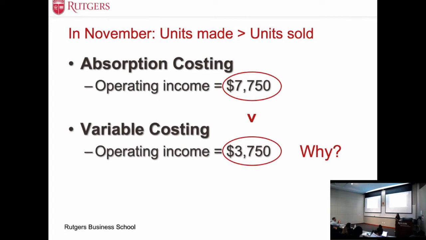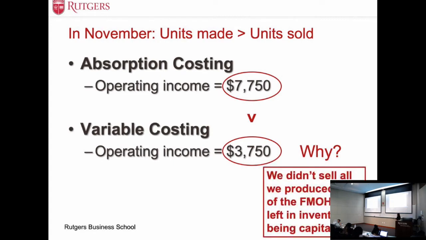Remember that we produced 1,250, but we only sold 1,000, so we have 250 left. Those are the ending balance, and the part that becomes ending balance contains the fixed overhead cost allocated to them.